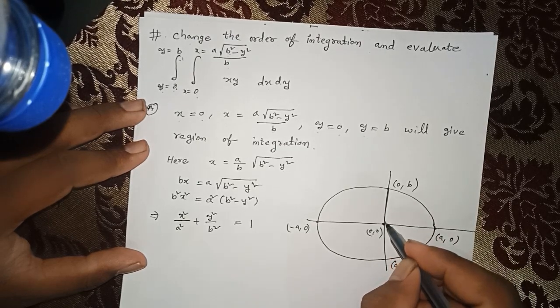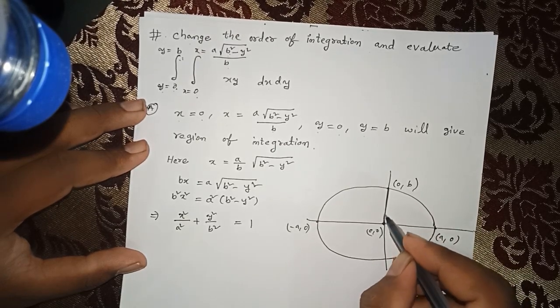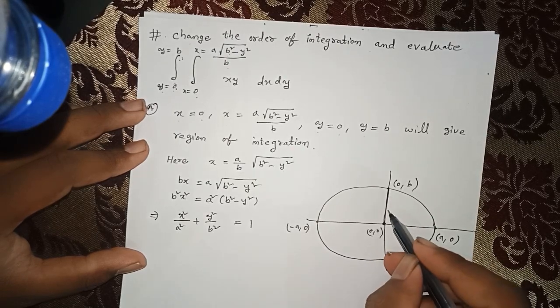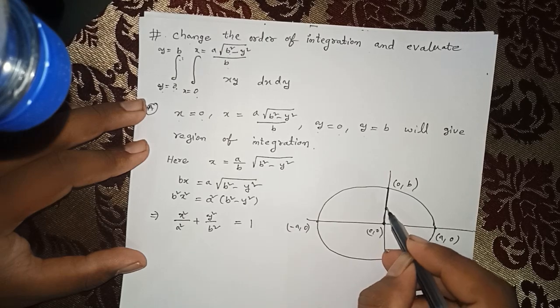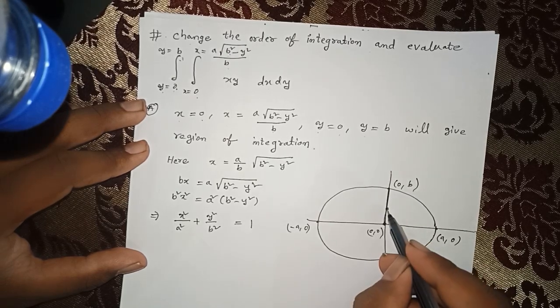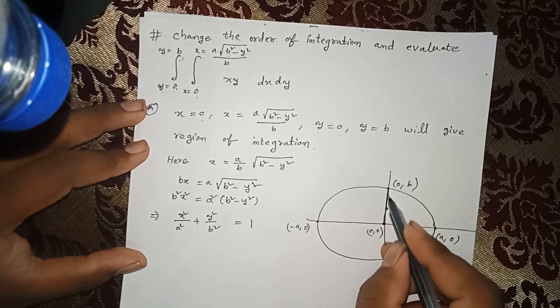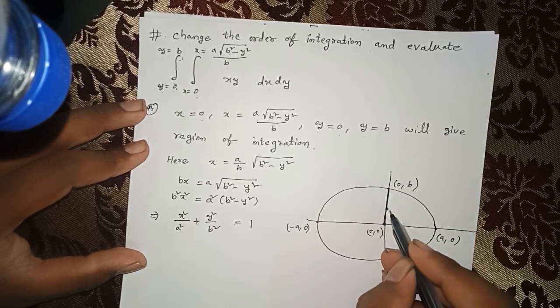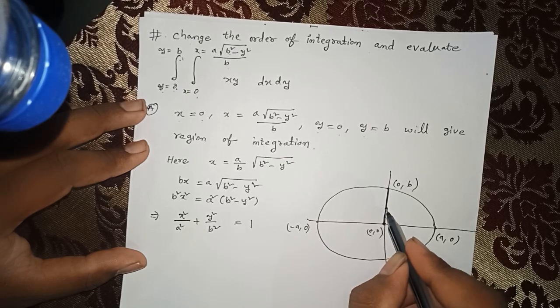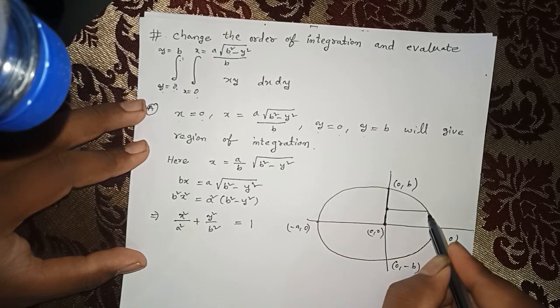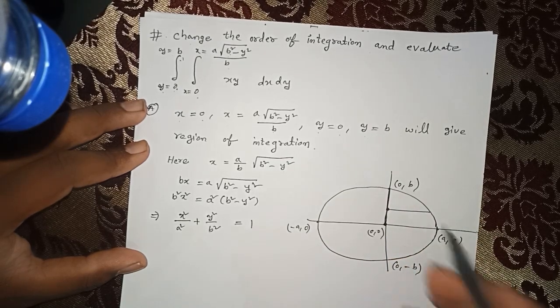As per the given problem, y is moving from 0 to b, and for a fixed value of y, x is moving from x equals 0, which is the y axis, to this curve.